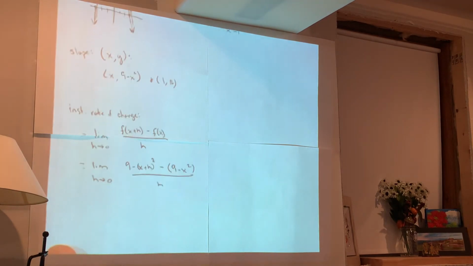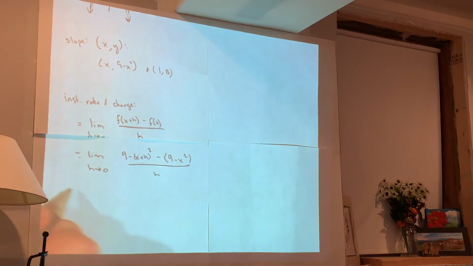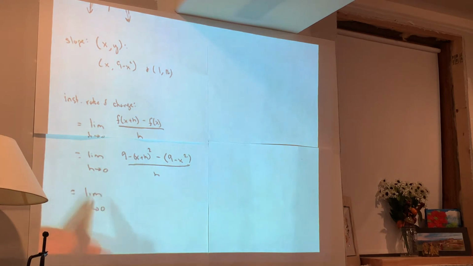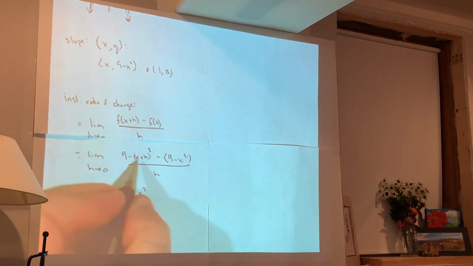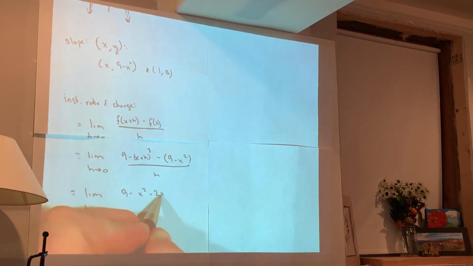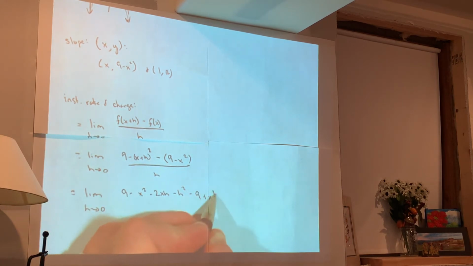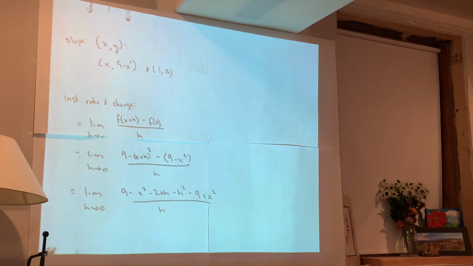Okay, so time to do some simplifying here. This equals the limit as h approaches 0 of, we've got to expand a binomial and then distribute a negative, so this would be 9 minus x squared minus 2xh minus h squared. Now I'm going to distribute that negative, minus 9 plus x squared, all over h.